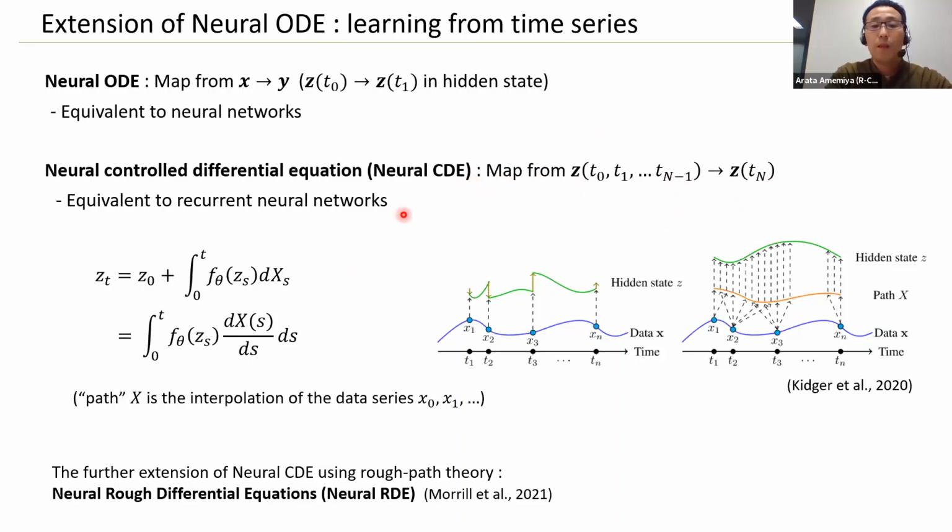So the integration in latent space is now performed along the path X, that is an interpolation of the input data series, using the theory of control differential equations. The theory is a bit more difficult, but the implementation is as easy as ordinary neural ODE. So it can be implemented easily.